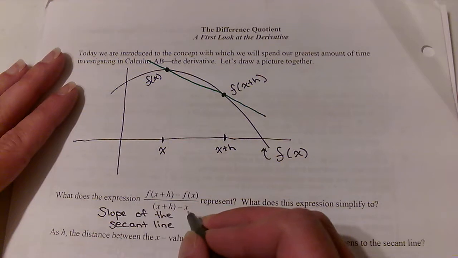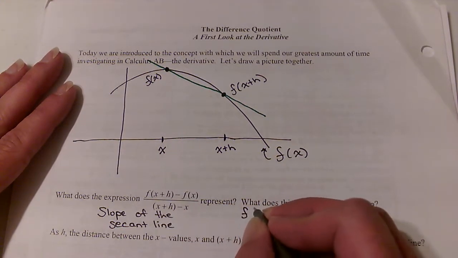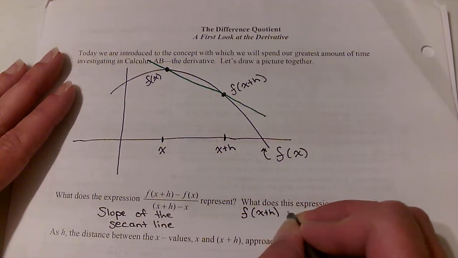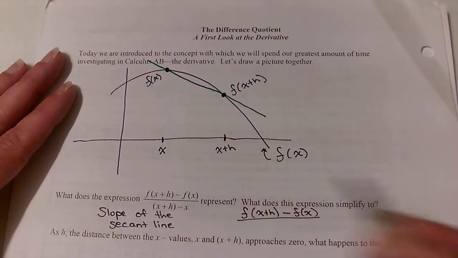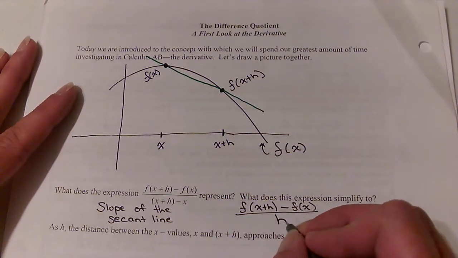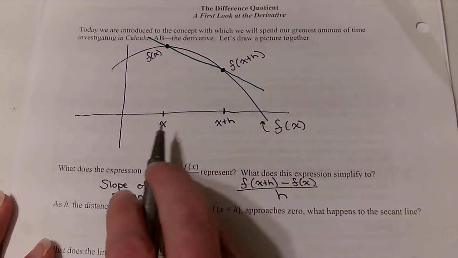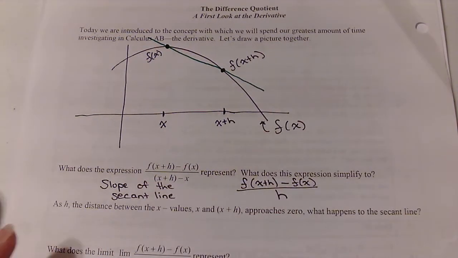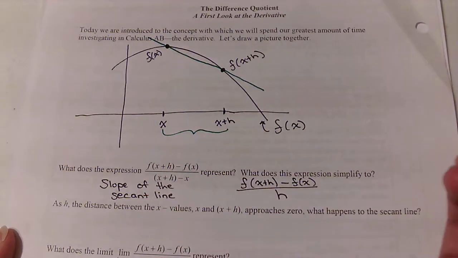Well, x plus h minus x, that's really f of x plus h minus f of x over the x's would cancel and leave me with h. So h is the distance between x and x plus h. It's the difference in my x's.